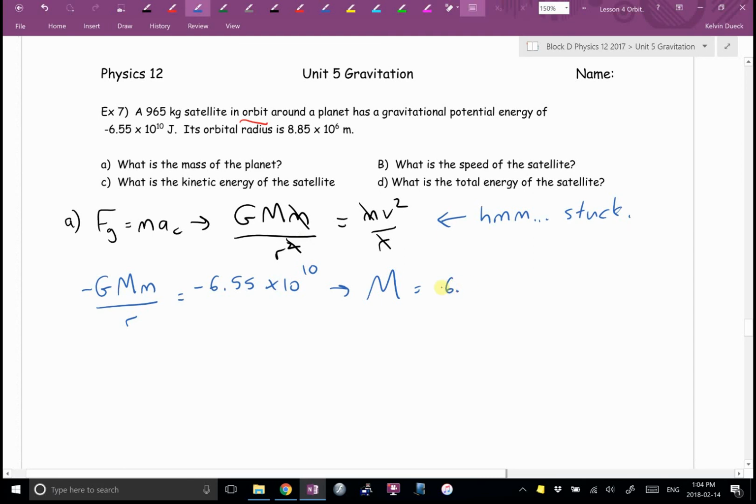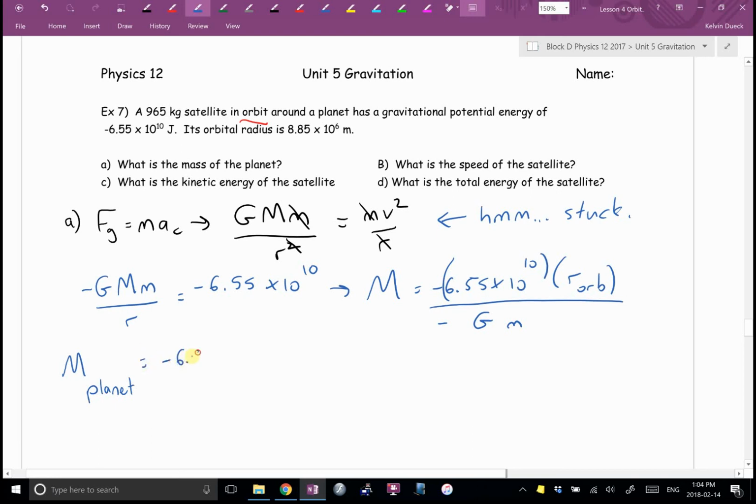negative 6.55 times 10 to the 10th times R divided by negative big G little m. Okay. I've got m's kicking around here, so I'm going to go m planet, or you could put m with a little p subscript, because my big m's and my little m's aren't looking that different right now because it's late in the afternoon and I'm getting tired.